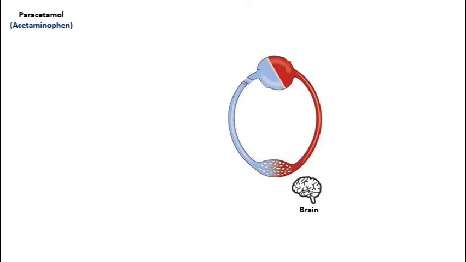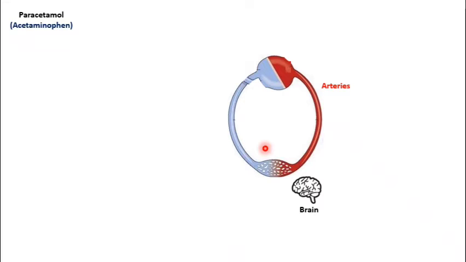Here we have the left side of our heart, which pumps oxygenated blood through blood vessels that are called arteries. This oxygenated blood reaches the tissues here, where tissues get oxygen and they give away carbon dioxide.